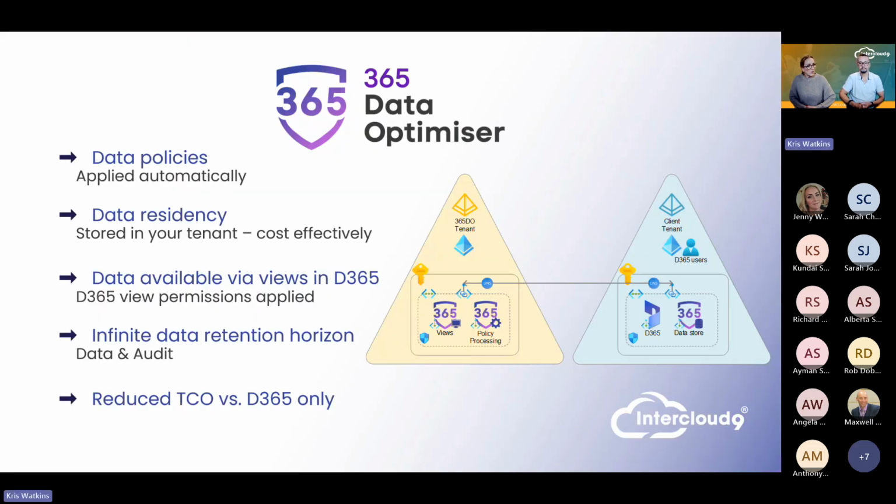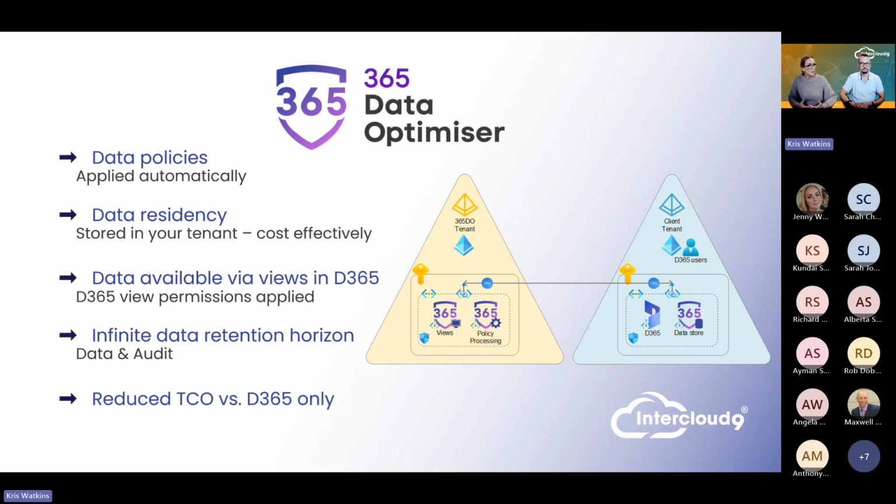Okay, so we've got this problem statement. Dynamics costs are growing exponentially over time as data and usage increases, and customers want to continue to use Dynamics. It's a great platform. So how do we balance that increasing cost with the desire to continue to grow use of the platform? And that's where Data Optimizer comes in.